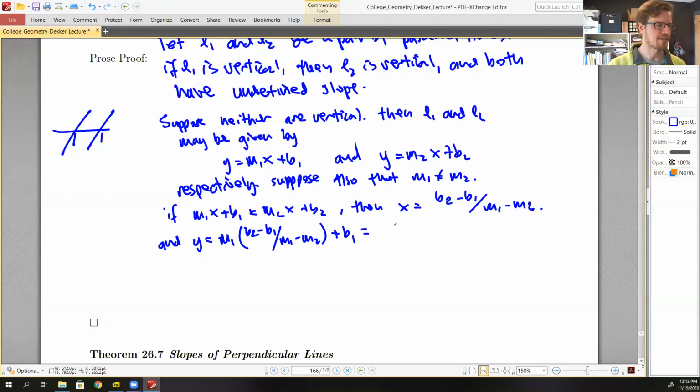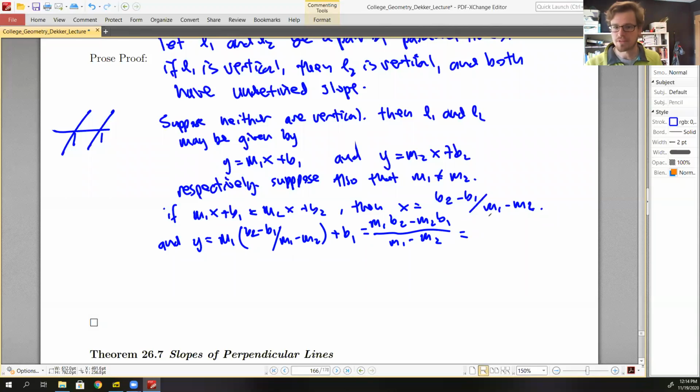And if I were to simplify that, I would get that this is m1 times b2 minus m2 times b1 divided by m1 minus m2.